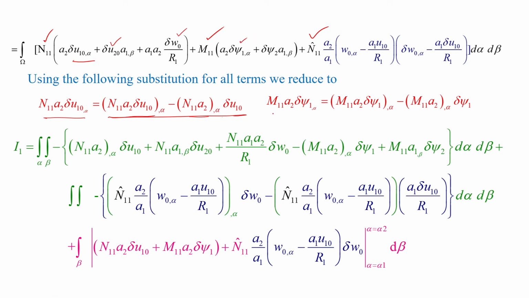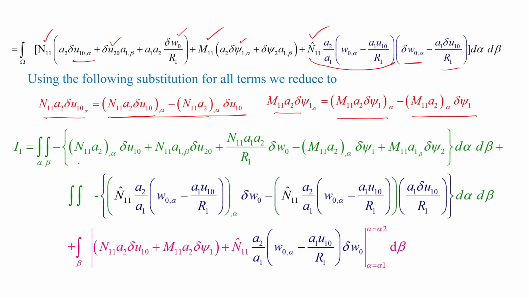So, we have to apply the same procedure, and M11 A2 del psi 1 comma alpha can be written in two terms. In the same way, we will treat this as one term, and here is a derivative comma alpha. So, it will give two terms and this will give you one term.